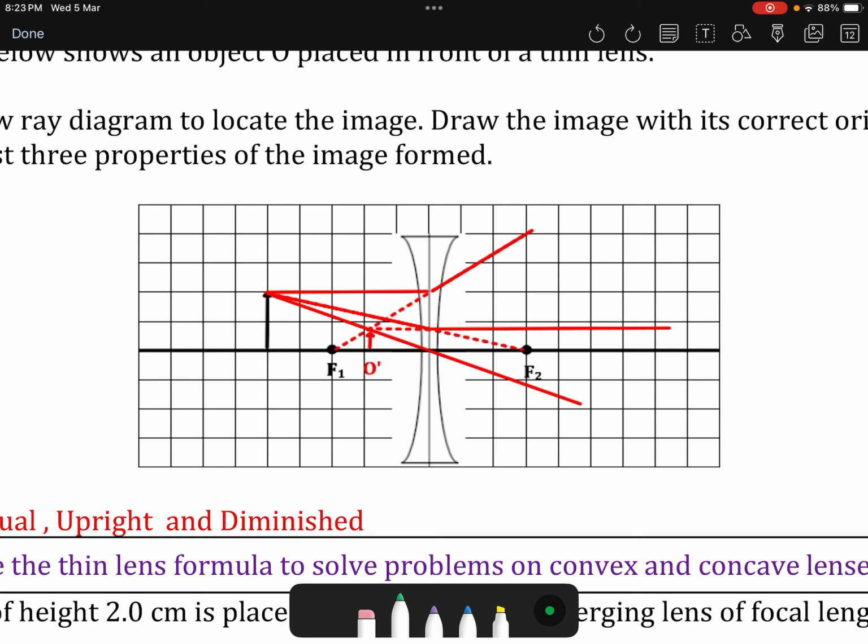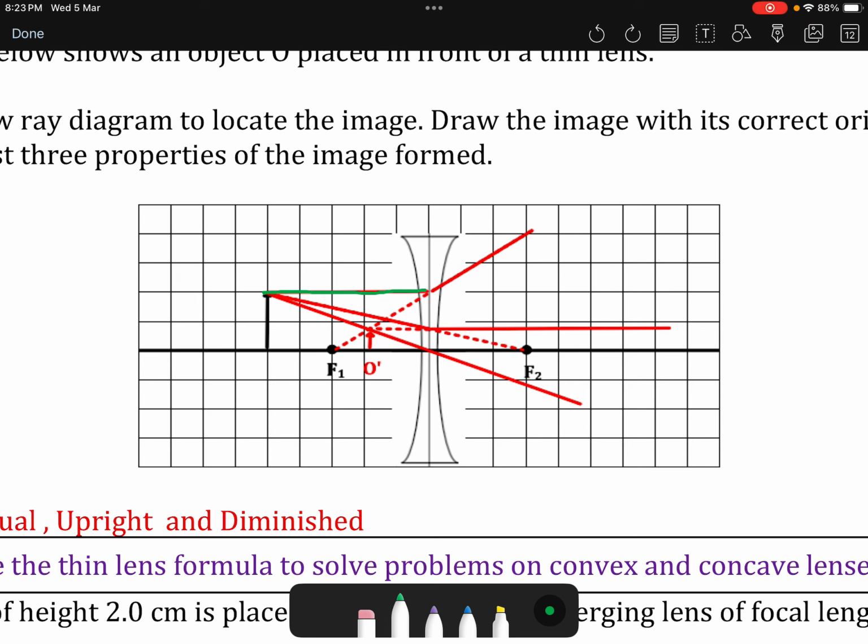Now, the parallel light, again, if you remember in the convex lens, we said that we will use the focal point on the other side of the object. Now we will use the focal point on the same side of the object.